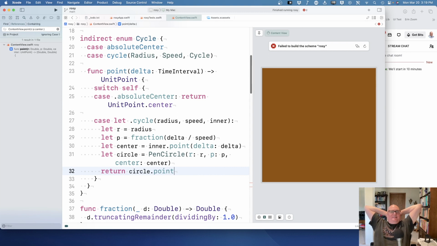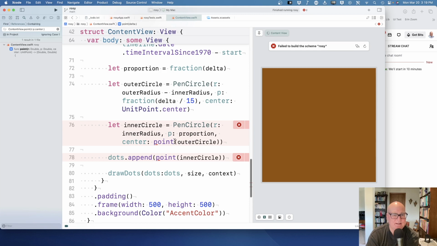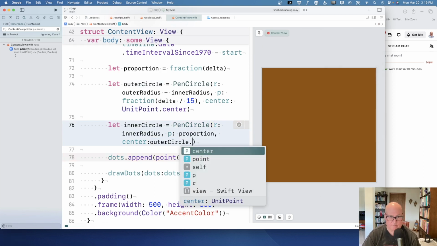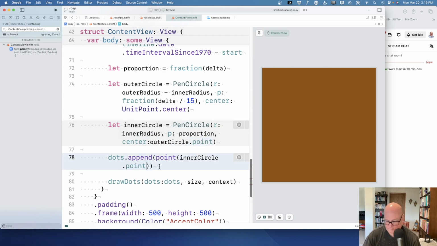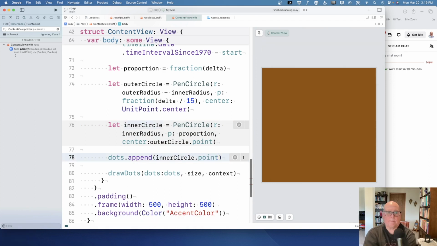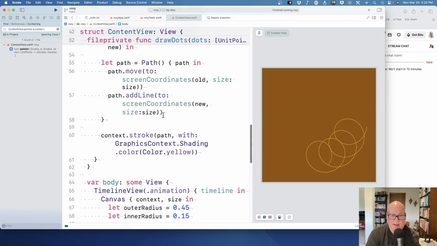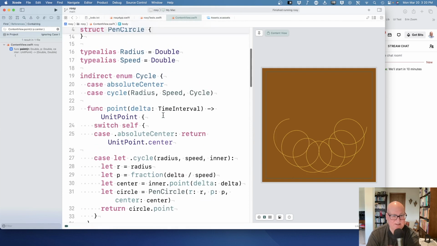Oh, how we feeling there? Somebody's unhappy. That's outer circle dot point. Okay. All right. I don't know. I'm catching something there, but I'm not catching the whole thing.